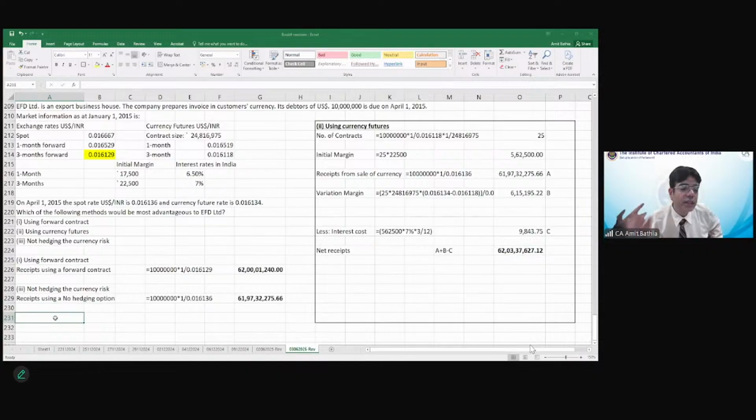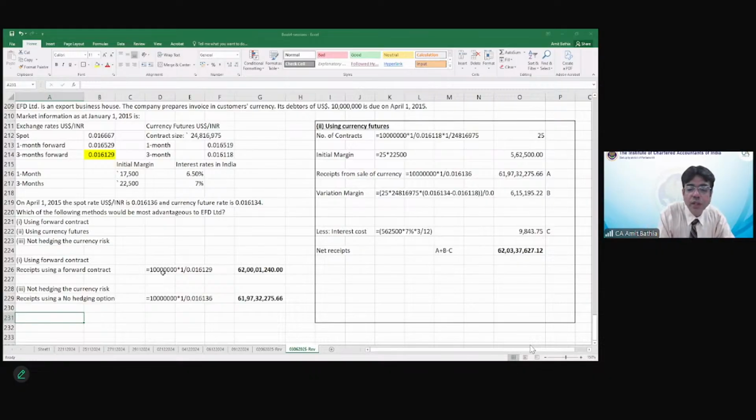Now remember, please remember, we chartered accountants sometimes miss out that after we complete the audit, we still have to submit the report, right? Similarly, after the computation, you need to give the final answer. Otherwise, you will lose that 1 mark which you have already earned. So which of the following methods would be most advantageous to EFD Limited?